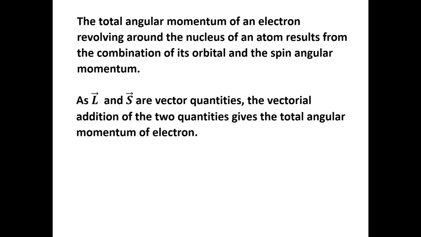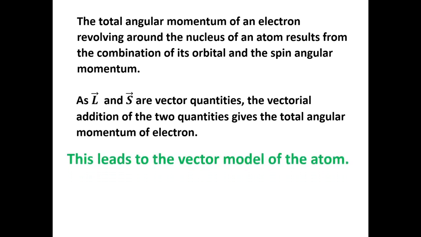And the combination of the two will give rise to the total angular momentum of the electron. And with this approach, instead of writing PL vector and PS vector, we write capital L and capital S, which leads to the connectivity with the orbital quantum number and spin quantum number. So this will lead to the vector model of the atom.